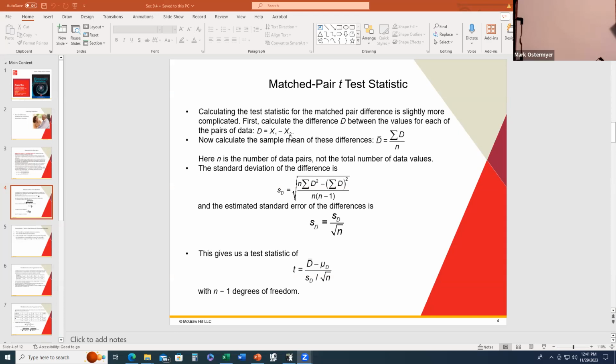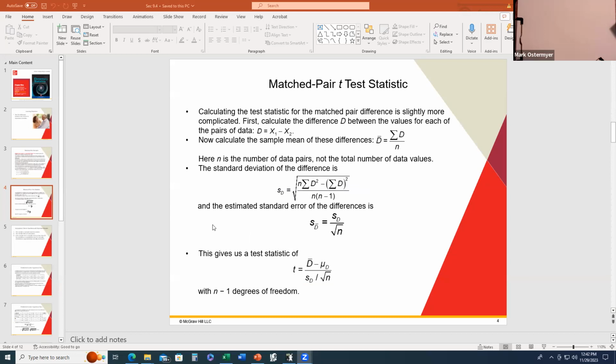Then we can use the 1-Var Stats function to determine the mean of list 3 and the standard deviation of list 3. That will circumvent us from having to use this laborious formula to compute the standard deviation of our matched paired differences, and also for computing the mean of those matched paired differences. So we'll take the bite out of that a little bit by using our TI-84 calculator.